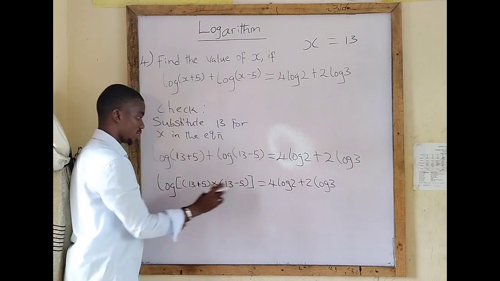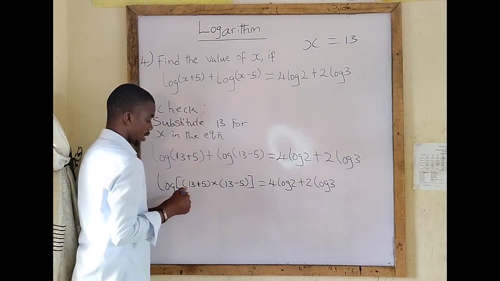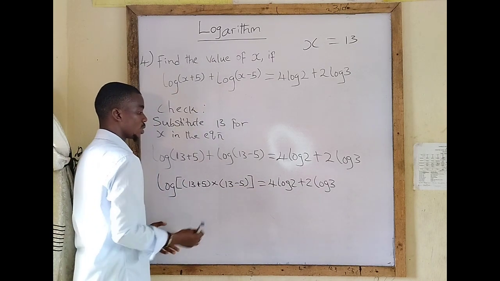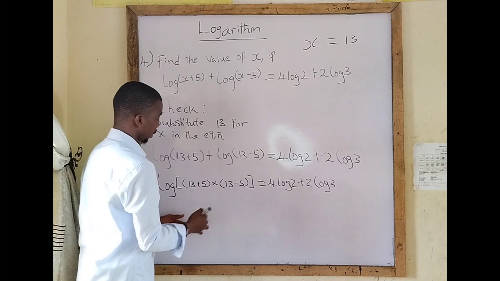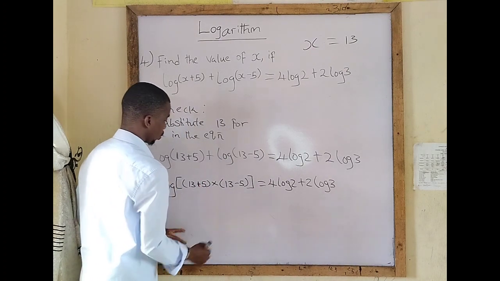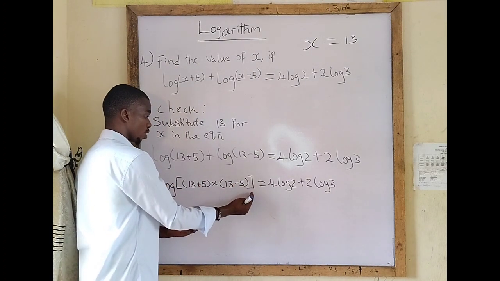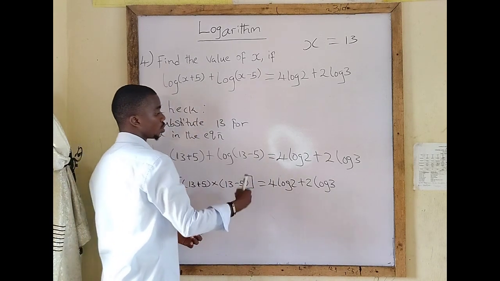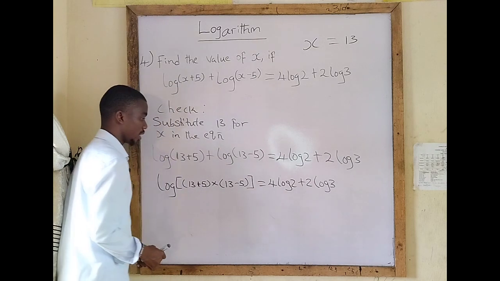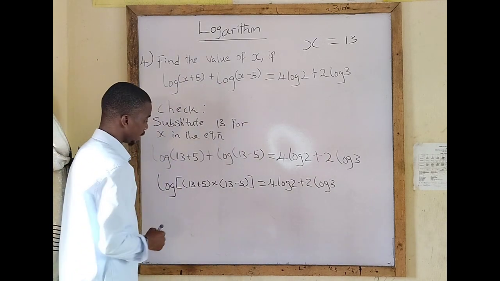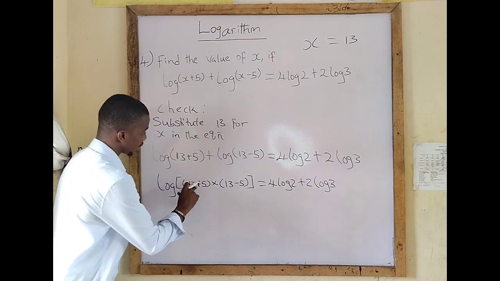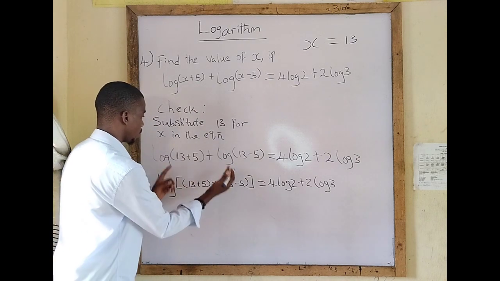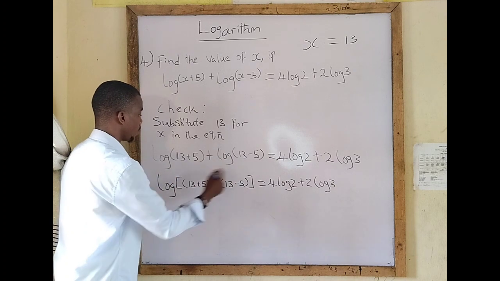We are concentrating only on this side of the equation because at the end of the day we want to obtain a balanced equation: what we obtain on this side should be equal to what is on the right hand side. So if we multiply 13 times 13, we've taken it to a single base, so we are multiplying now.